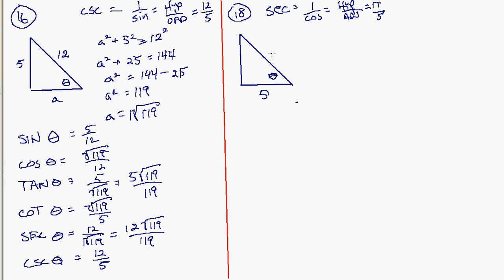So if we call this b, we have 5 squared plus b squared equals 17 squared. Okay, so we have 25 plus b squared equals 289, and therefore b squared is equal to 289 minus 25.